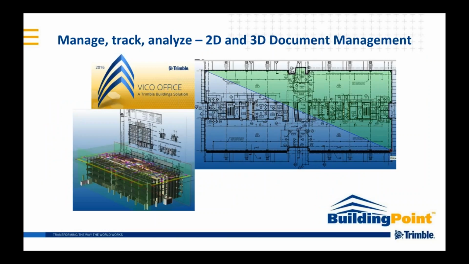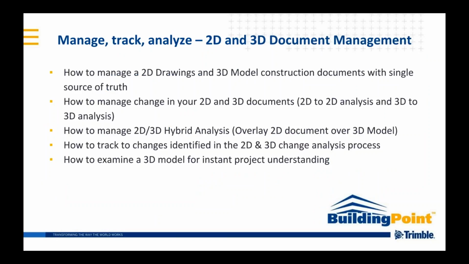Today's session, in case you weren't aware, we're going to cover Vico Office's Document Controller, which is part of our GCEstimator suite. Document Controller is a powerful 2D and 3D change management system.